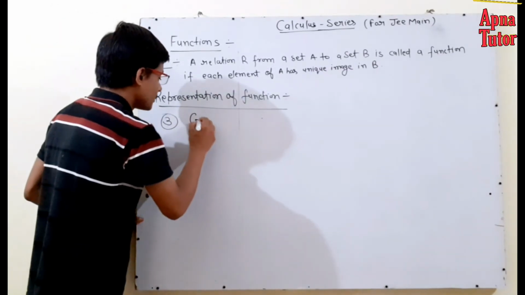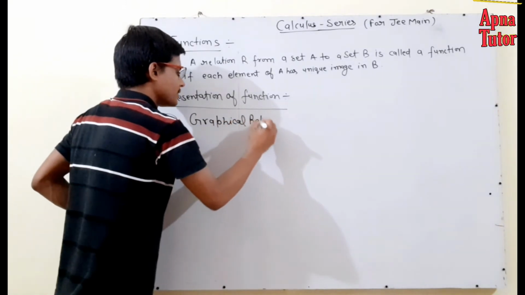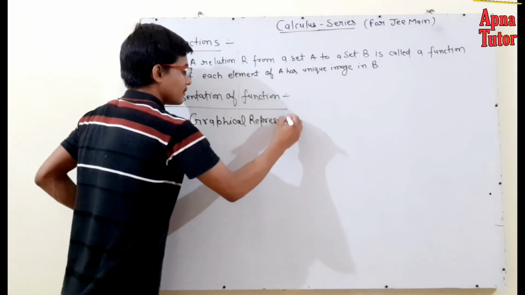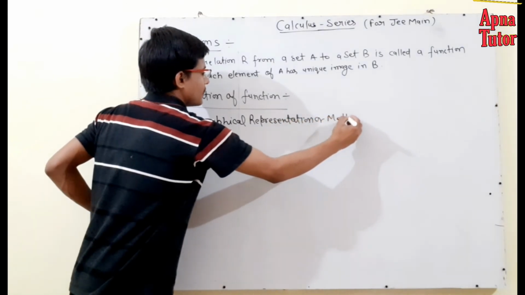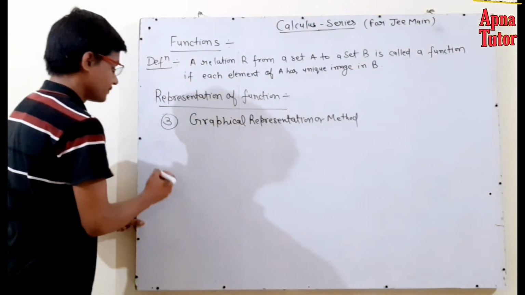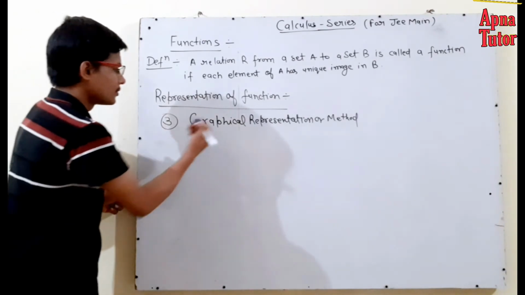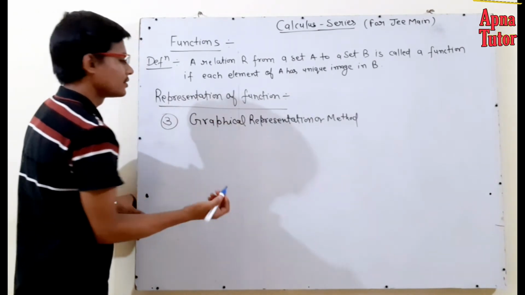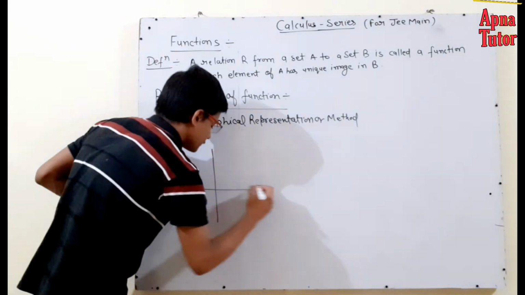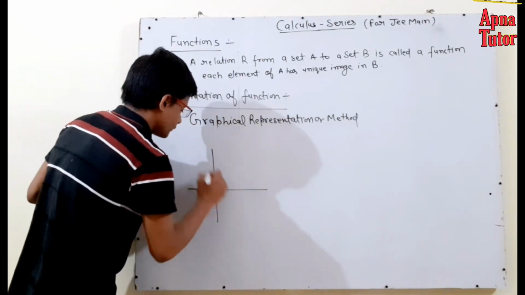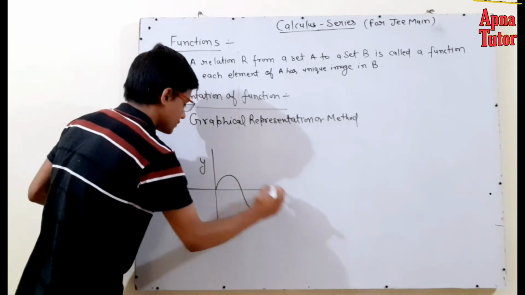So third is the graphical representation or method. What is this method? I am taking two graphs to show you how the graphical method is used to define a function. Suppose you have one function like this. This is your y and this is your x.